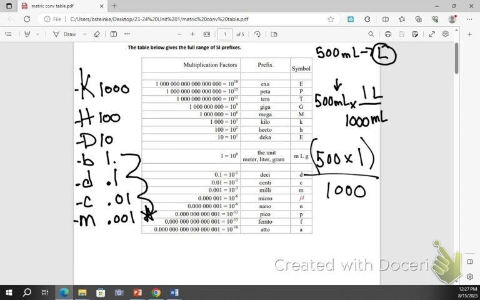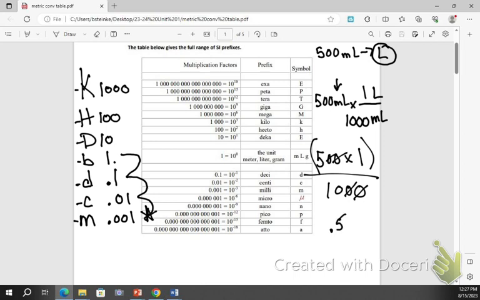Now, to do this mentally, anything times 1 is itself. You learned that in what, 4th grade? Yes? And then if you have 500 divided by 1,000, well, just knock off some of those zeros. 5 divided by 10 is, right? 1/2 is 0.5.